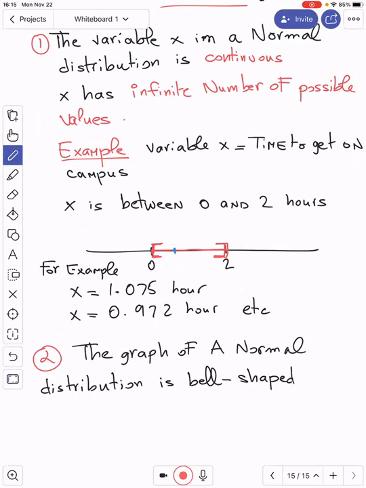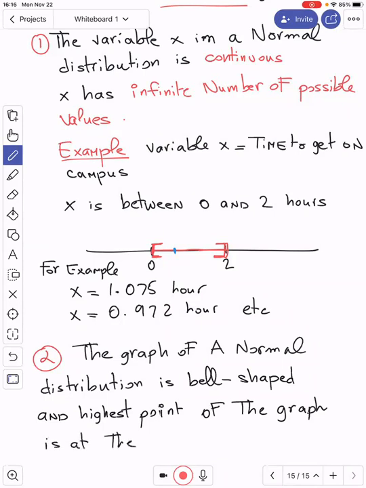Okay, and the highest point of the graph is at the mean. The highest point of the graph is at the mean mu.